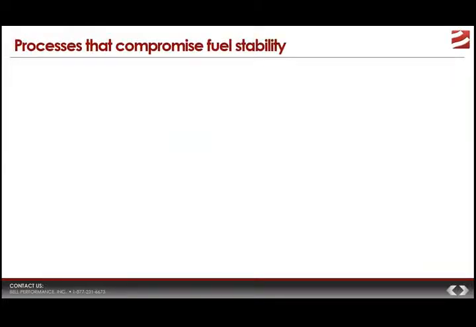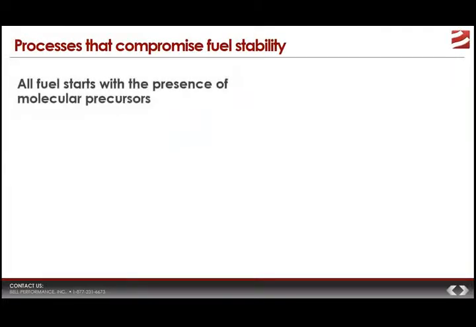Now, the processes that compromise fuel stability. When you're talking about why fuel goes unstable, the chemistry of it involves essentially the chemical conversion of precursor molecules into species of higher molecular weight that have limited solubility. So, what do we mean when we talk about that?